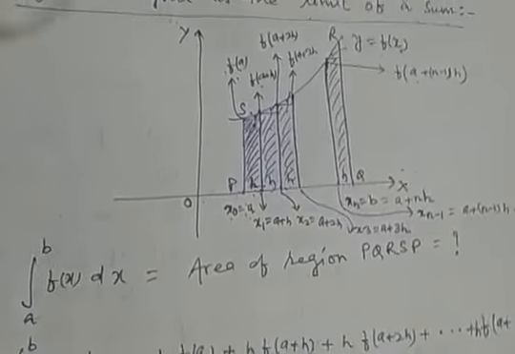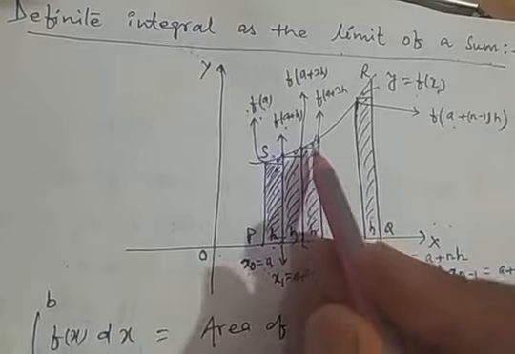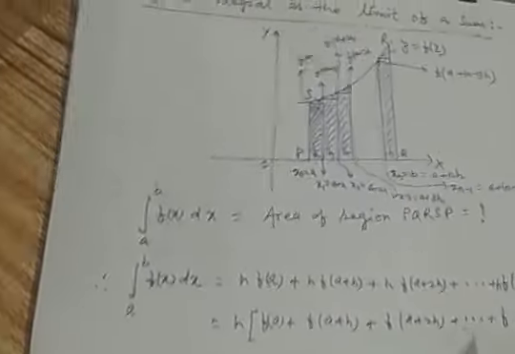So for covering the area of this unshaded region, we have to take the limit h tends to 0.